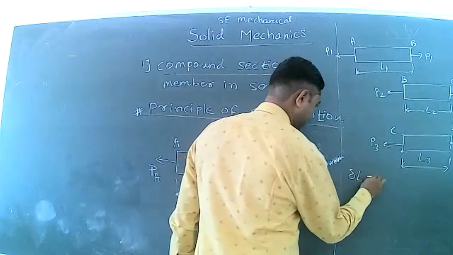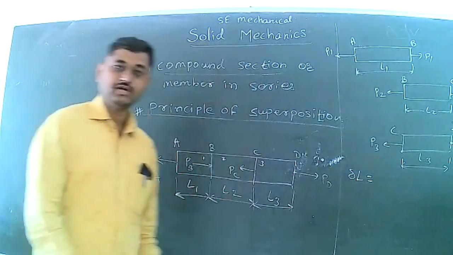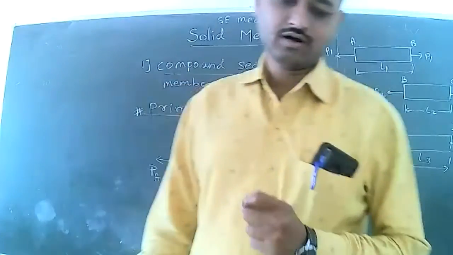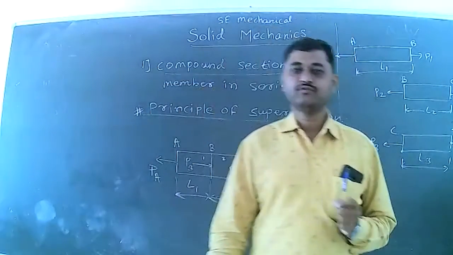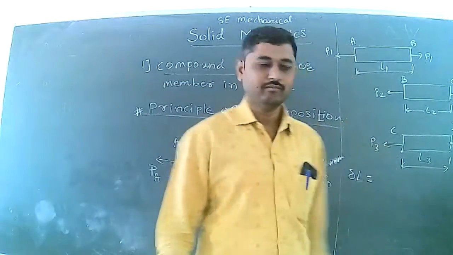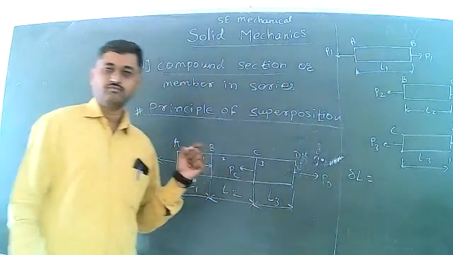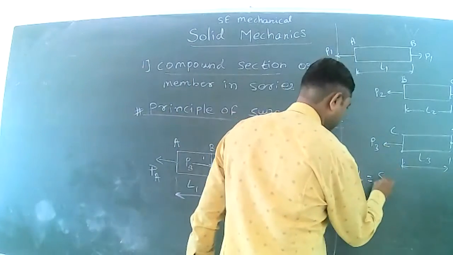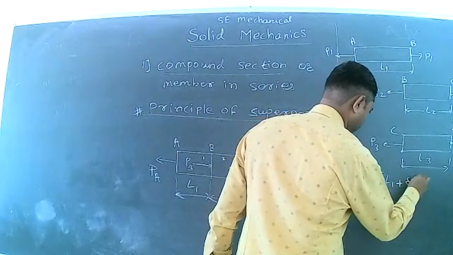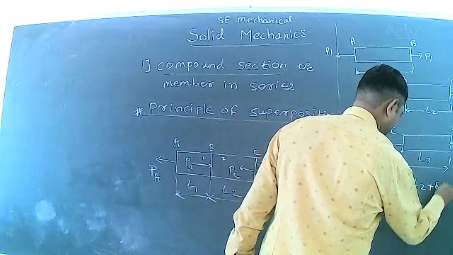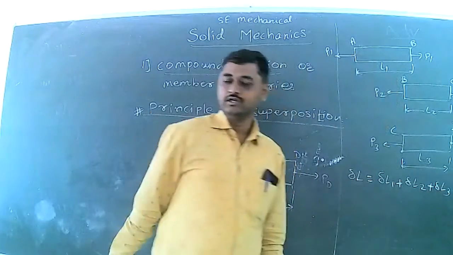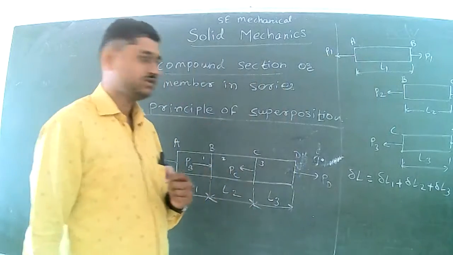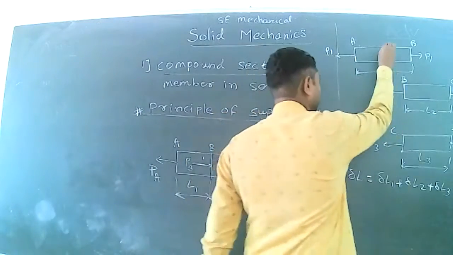So the deformations for members 1, 2, 3 are delta L1, delta L2 and delta L3. These are the deformations in members 1, 2, 3.